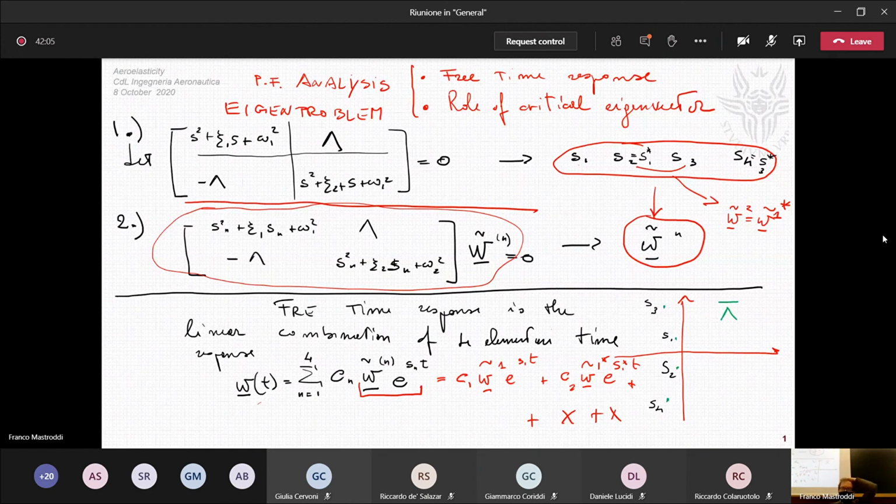Now I want to give you the second point, the role of the critical eigenvector. What is the critical eigenvector?